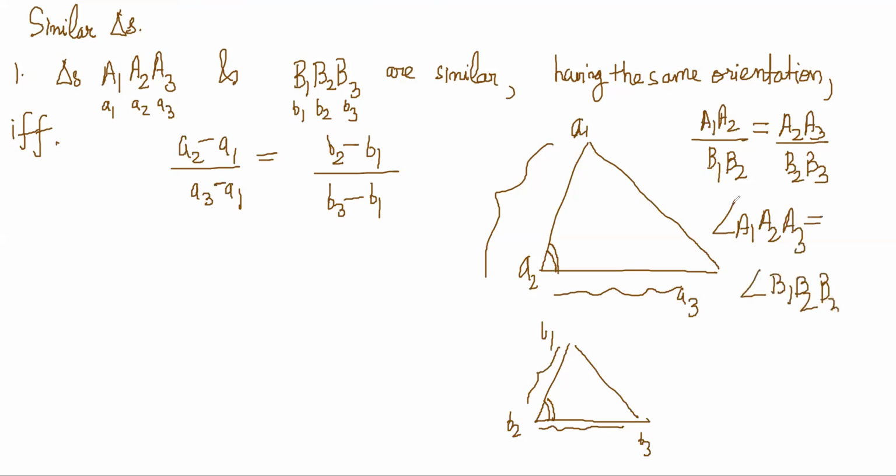Is that sufficient to prove similarity? This is SAS, right? Are you agreeing that this is sufficient to prove similarity? The corresponding two sides are proportional and the included angle is equal, right?